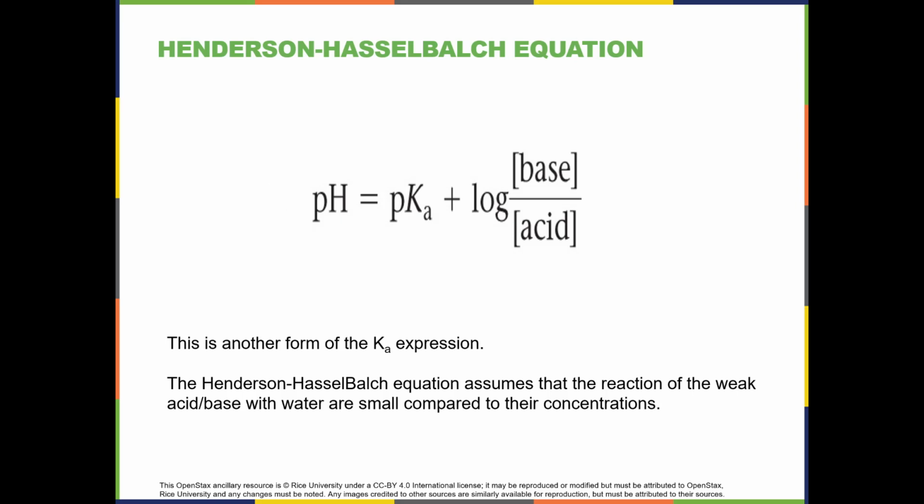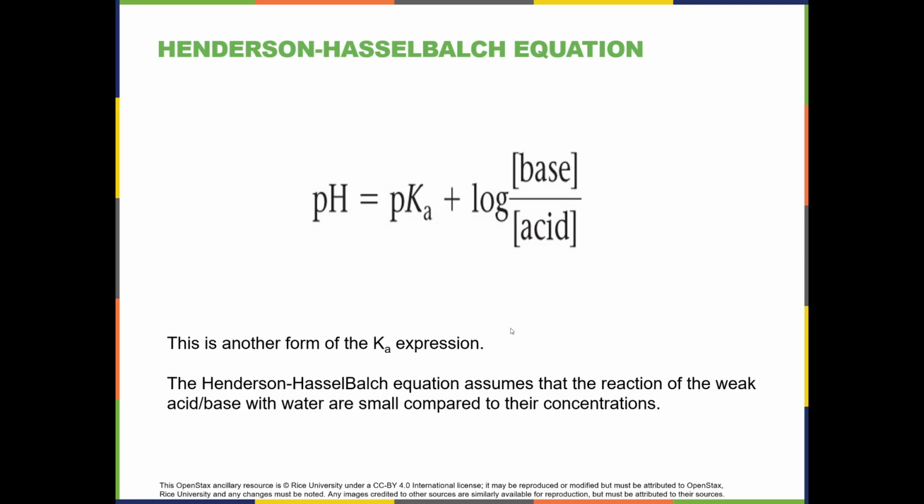I should note, because if you take a class like quantitative analysis, this may come up, that this assumes that the concentration of the weak acid/base are small compared to water when you add them to pure water. Said another way, it assumes the exact same thing as we made the assumption when we ignored x, so we didn't have to use the quadratic equation. So if you can't make that assumption, you can't use this equation.